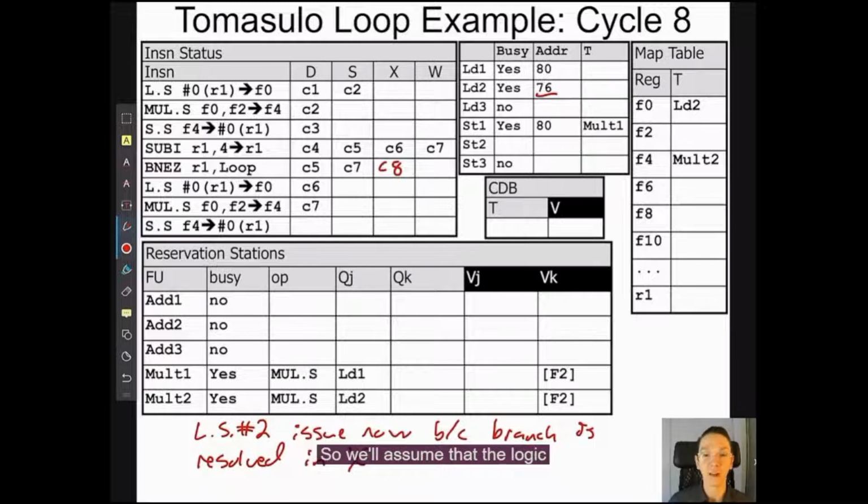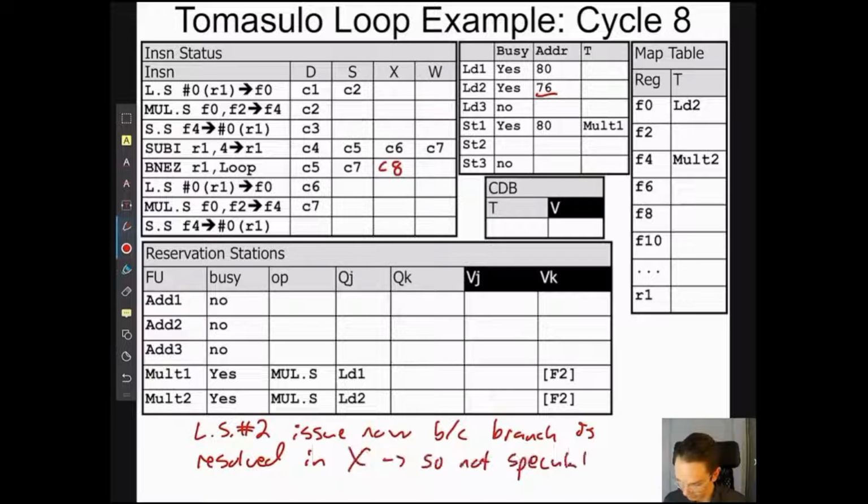So we'll assume that the logic for determining the outcome of the branch is so simple, we can identify early in the execute stage whether the branch was taken or not, so that over in the issue stage, by the end of the cycle, we can in fact issue the load. So it's because the load is not speculative anymore.